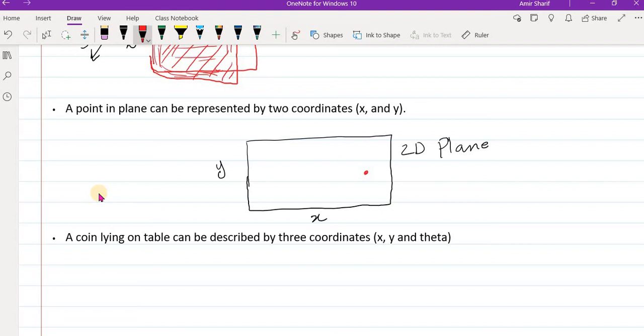To describe its position in a 2D space, we need two variables: its position along the x-axis and its position along the y-axis.